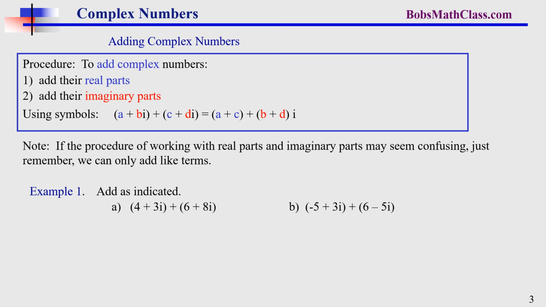All right, I know it seems a little complicated, but it's not that complicated. To add complex numbers, we're going to add the real parts, add the imaginary parts, and then put it in standard form. Okay, so you might want to take a minute and write that down. I don't think you need to actually. So here's example 1.